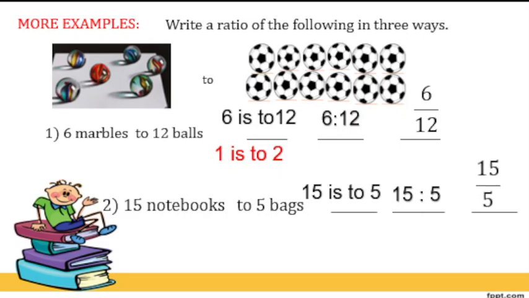The factors of 15 are 5 and 3, and of 5 are 5 and 1, so we can cancel 5 and 5. What will be left is the 3 and 1. Again, we cannot write that as 3, but instead we write 3 is to 1. Don't just write 3, but instead write 3 is to 1. You can write that in colon or in fraction form.